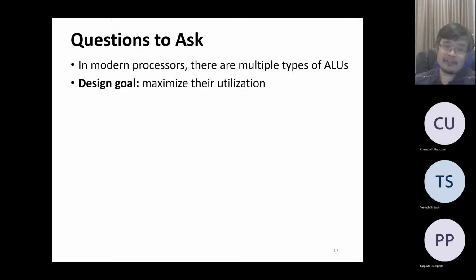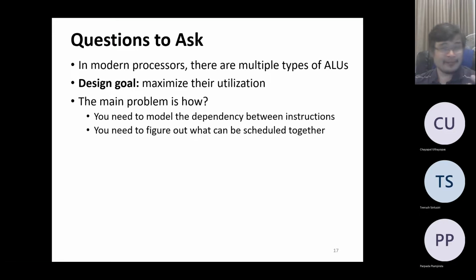So in order to maximize utilization, how do we do that? I have a bunch of ALUs, and you need to figure out what the dependencies are between each instruction, and then figure out if I have 2 adders, can I schedule these 2 add instructions to each of the adders, and will that cause any problems, right?